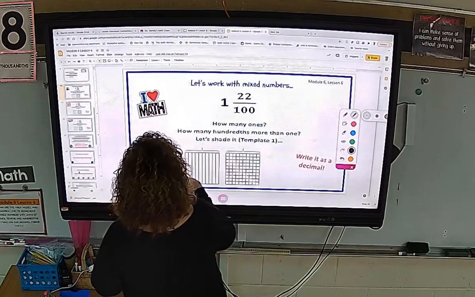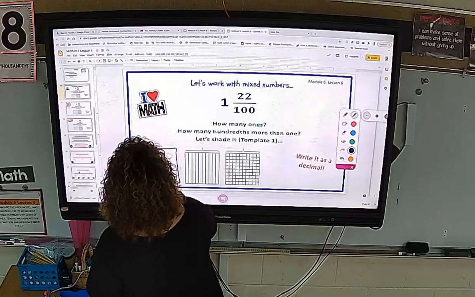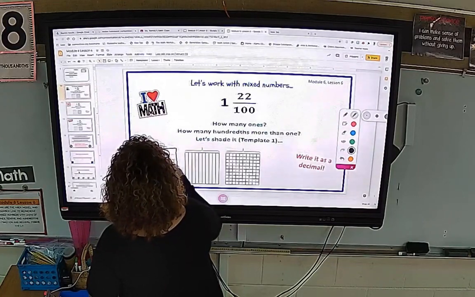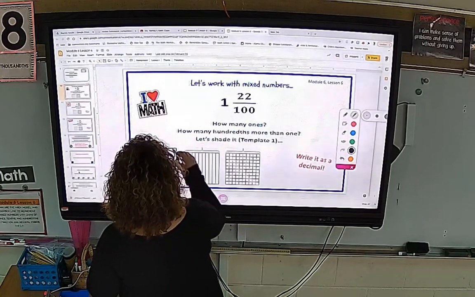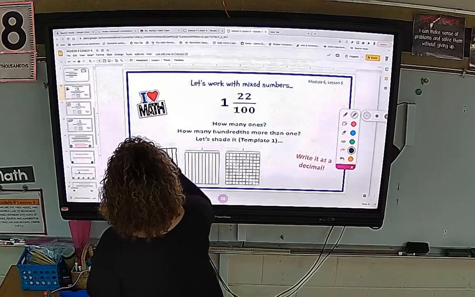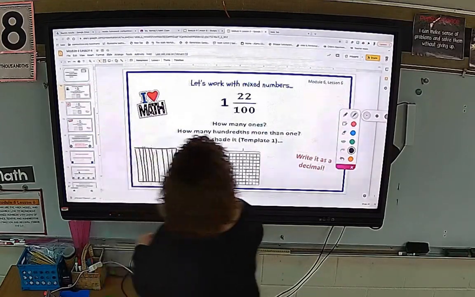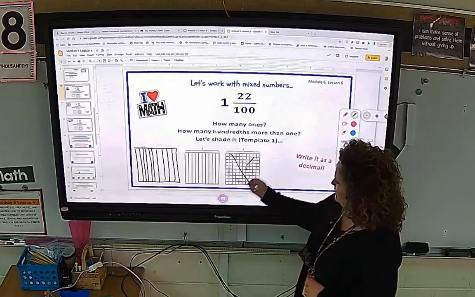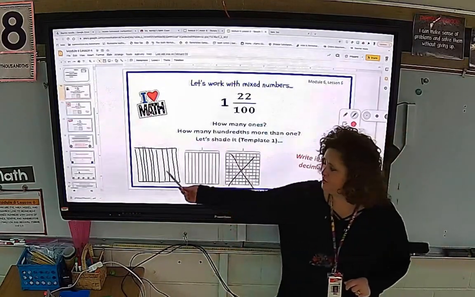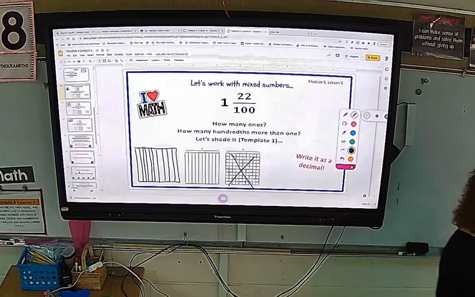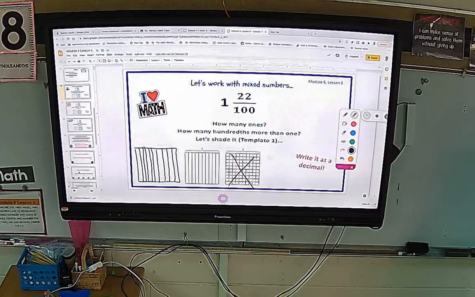If I had tenths, 1, 2, 3, 4, 5, 6, 7, 8, 9. All right, let's pretend that this one is not there. Now I have the same two boxes that you do. How do I show this same number? We kind of did this a little bit last week, where we took a shortcut to show a hundredth number. What do you think?